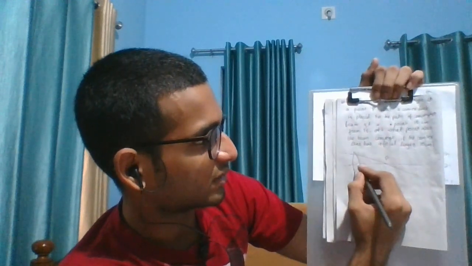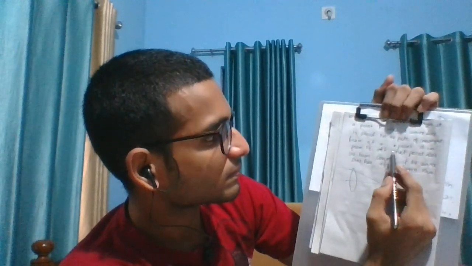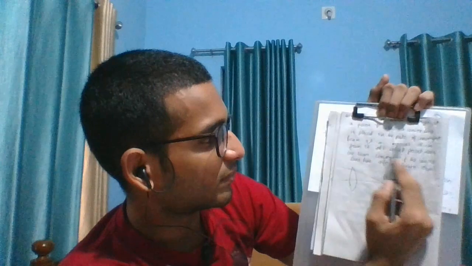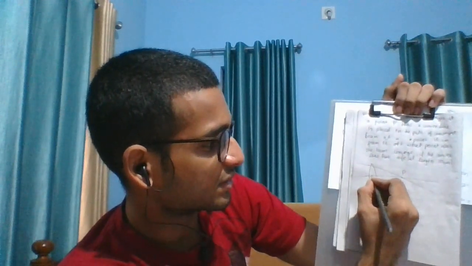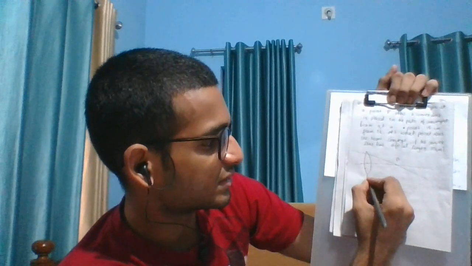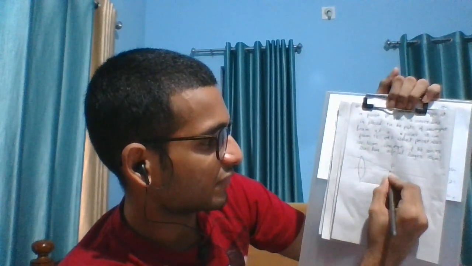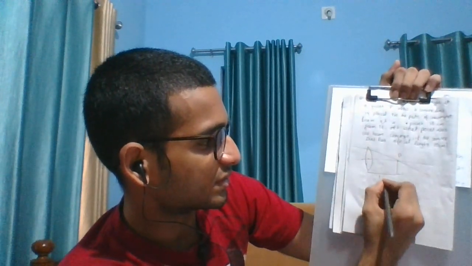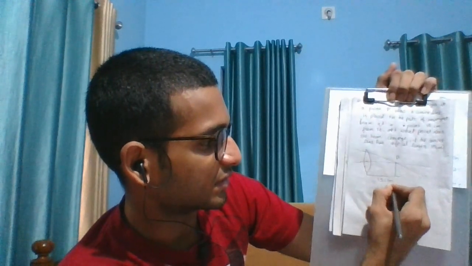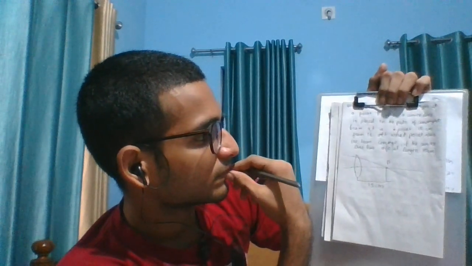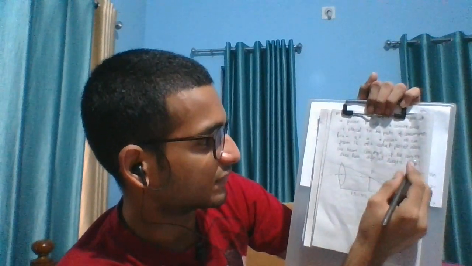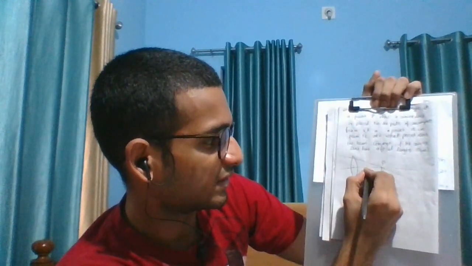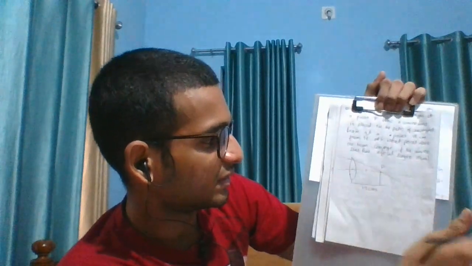So we place a convex lens at a point 15 centimeter from it. That means this lens has been placed 15 centimeter away from point P. At what point does the beam converge if the convex lens has a focal length of 10 centimeters?